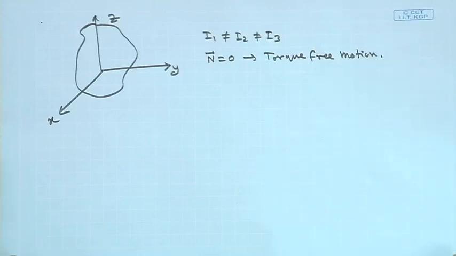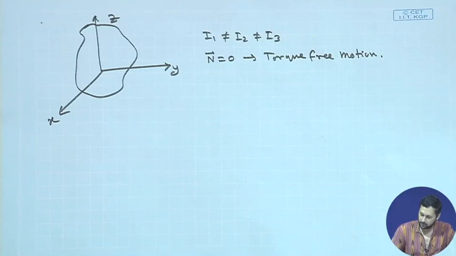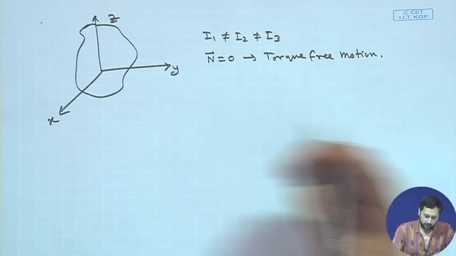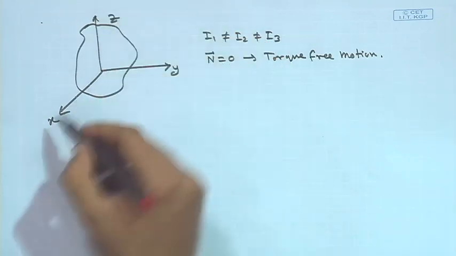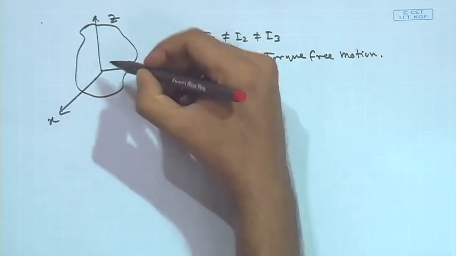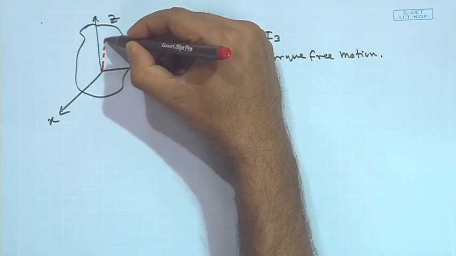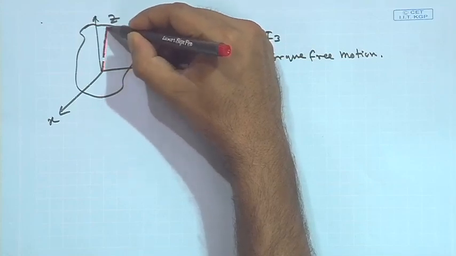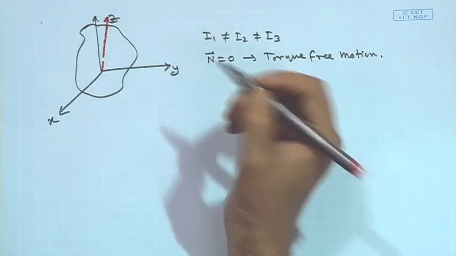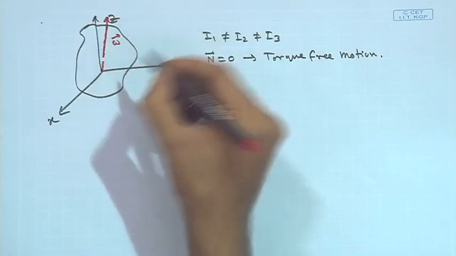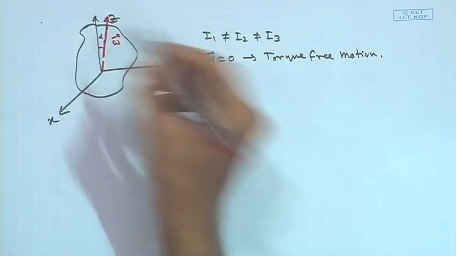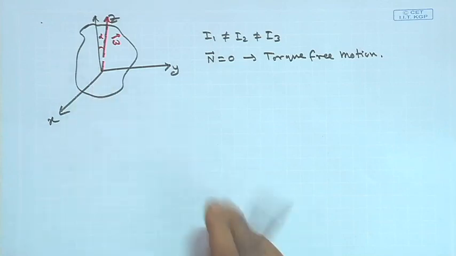Now, in order to analyze the motion, we will make an assumption. So we have marked the body x, y and z axis. Now, let us assume this is our angular velocity vector omega, which is making an angle alpha with the body z axis.